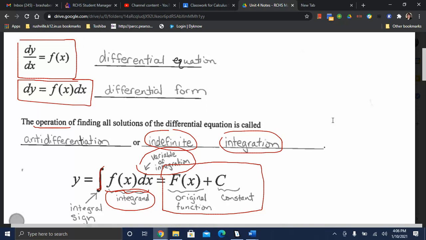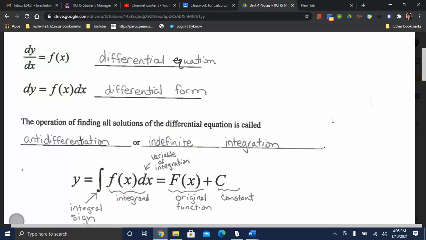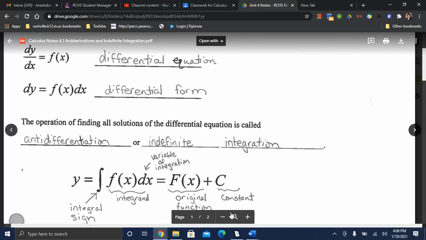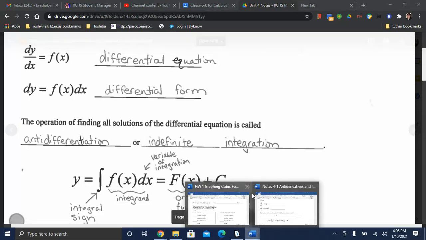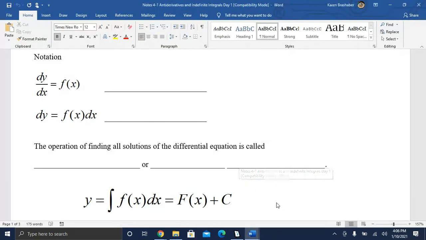So these are your opening vocabulary words, and I thought it would just be easier to have those already written for you. So now I'm going to switch to a screen where I'll do some writing. And that'll be toward the bottom of your page.